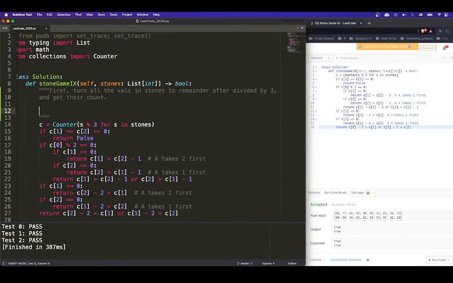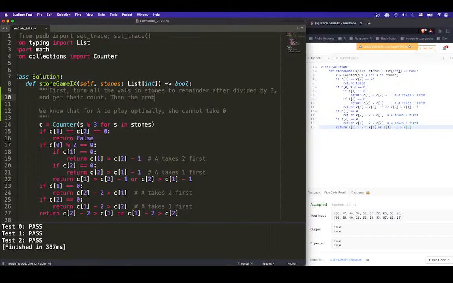Now, we know that for A to play optimally, she cannot take 0.